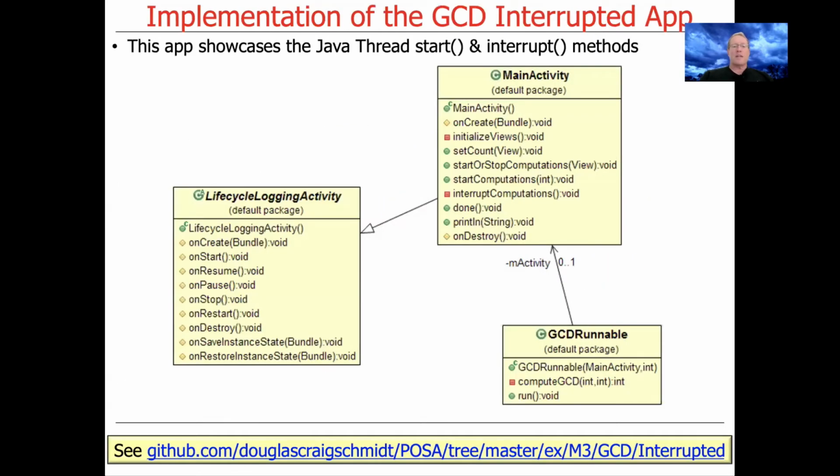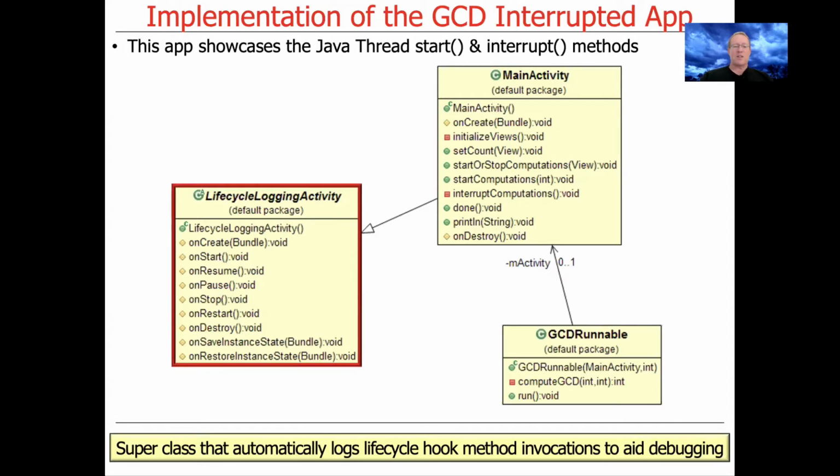So this app showcases Java's ability to start and interrupt threads. So we'll look at start and interrupt. There are a couple of different pieces to this. There's a class called the Lifecycle logging activity that automatically logs lifecycle hook methods. This is intended to make it easier to debug your program, because you can see the lifecycle operations that Android does when an activity is going to start and stop and be paused and resumed and so on.